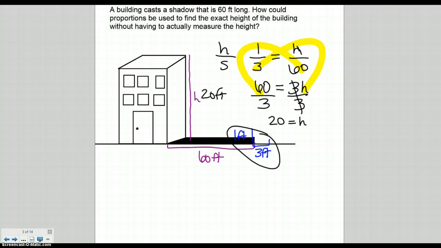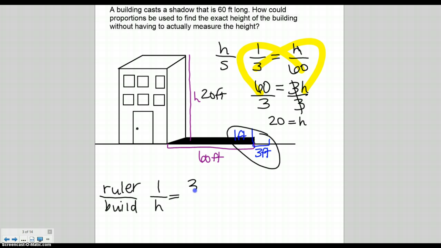Now you could also set your proportion up a little bit differently if you wanted to. So let's say you wanted to do your ruler on top. This pen would work, right? You want to do your ruler on top and your building on the bottom. You can do that too. So if I did my ruler on top, I put my height of my ruler, and I put my height of my building underneath that.